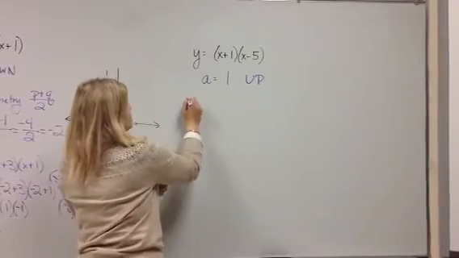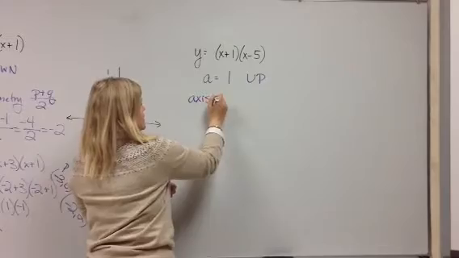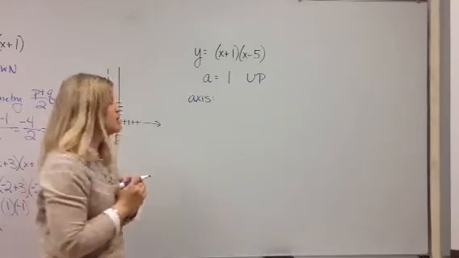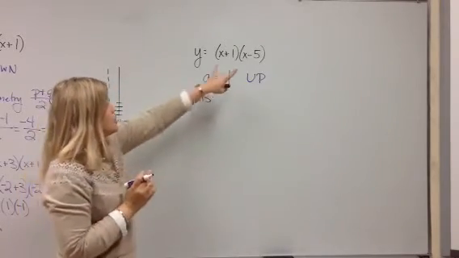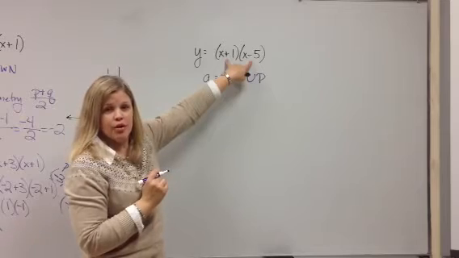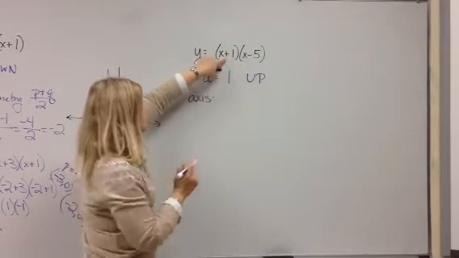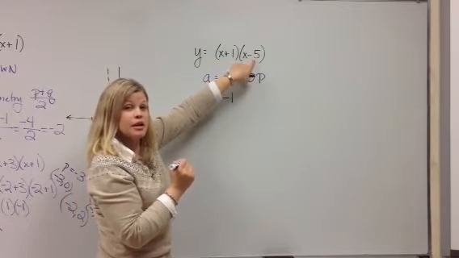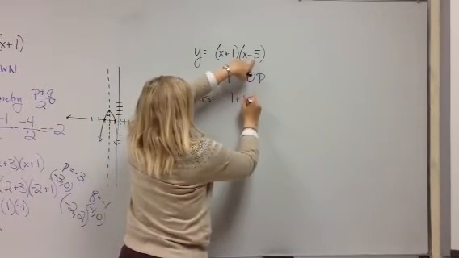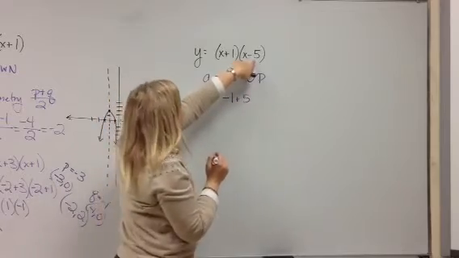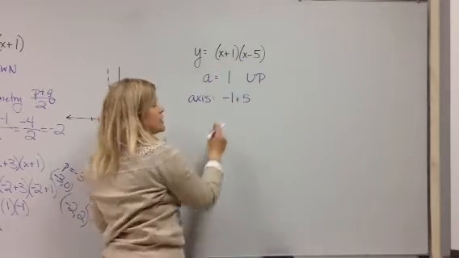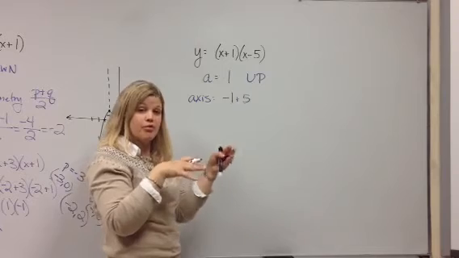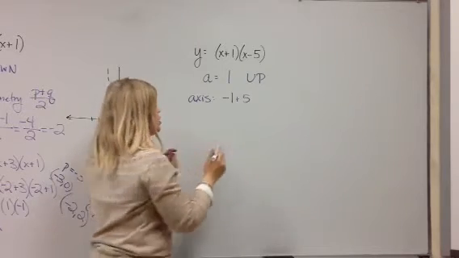All right, the next thing we need to do is the axis. Now, this is going to challenge you a little bit, because look at these numbers and figure out what we are going to actually use. This one should become negative 1, and this one should be, good, positive 5. I'm going to assume you said that. So once again, always take the opposite of both, unlike before where you only did the opposite for h.